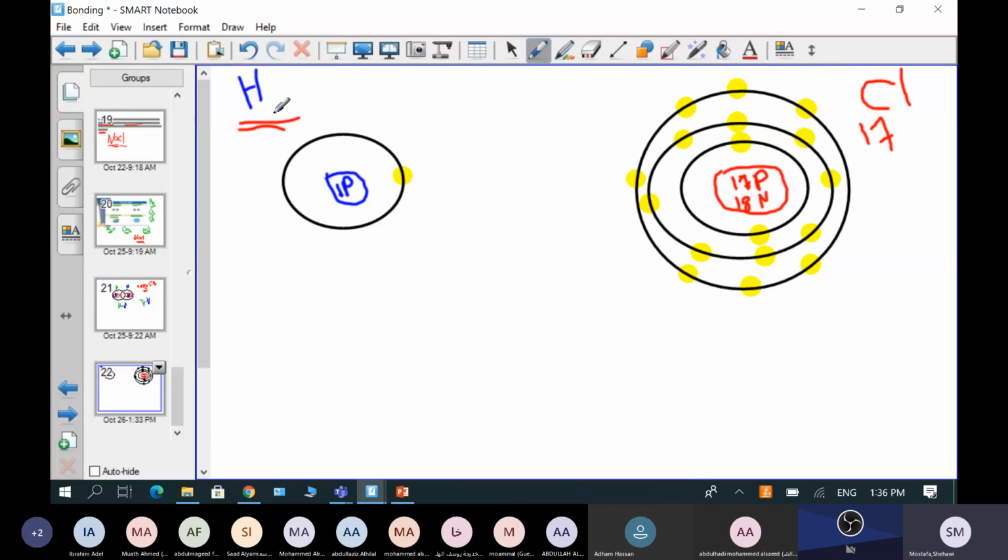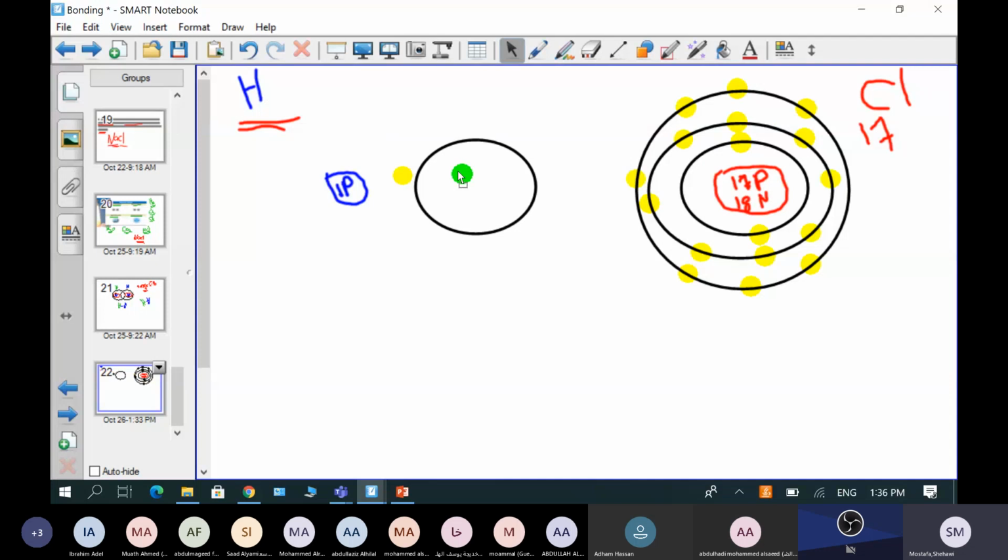Chlorine will call on hydrogen: can we share with each other? So they can share. The hydrogen can share 1 electron with chlorine, and then we will have a single covalent bond between H and Cl.